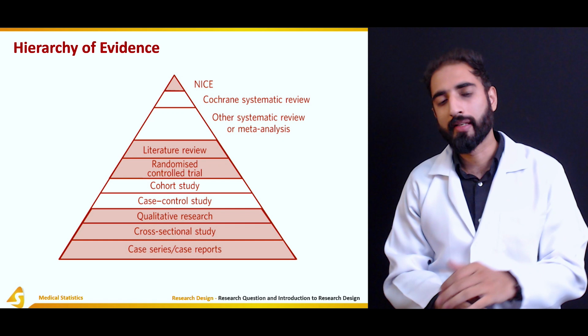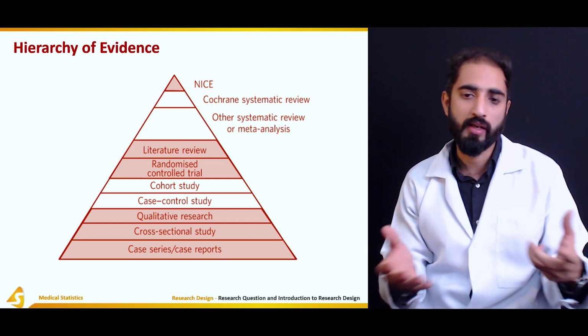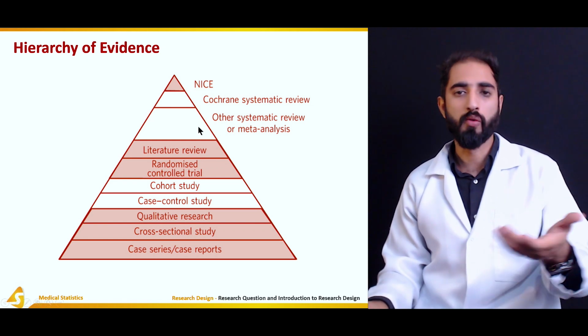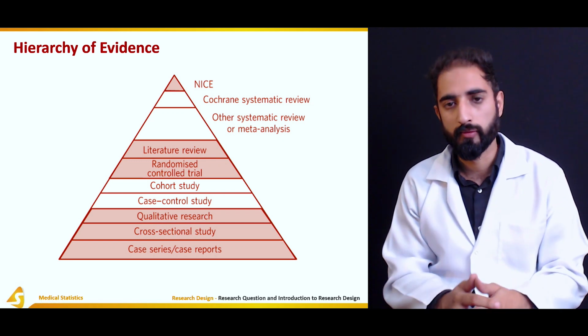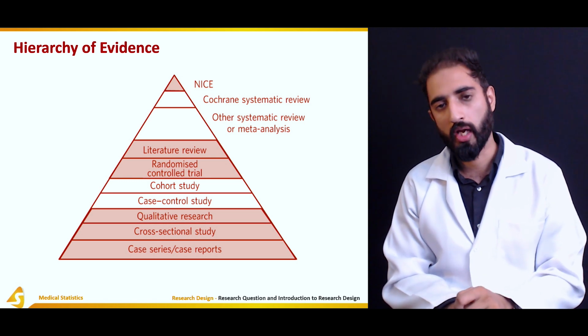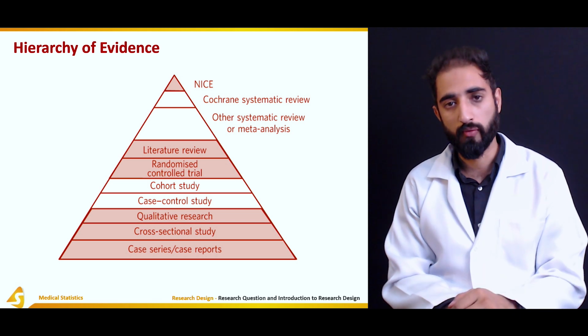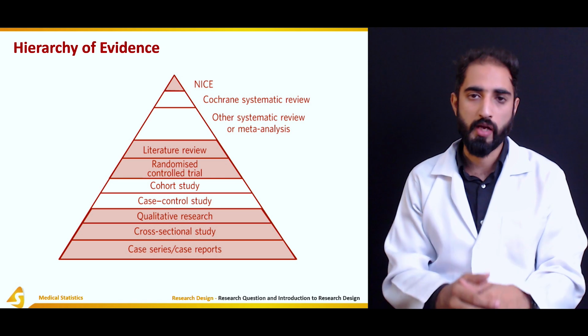And above that, there are review articles such as systematic reviews, meta-analysis, and literature reviews. But those types of studies are not original research, so we haven't mentioned them in our classification of different types of research designs, because those are review articles which are based on these types of articles or manuscripts.